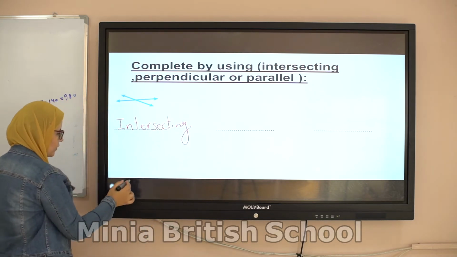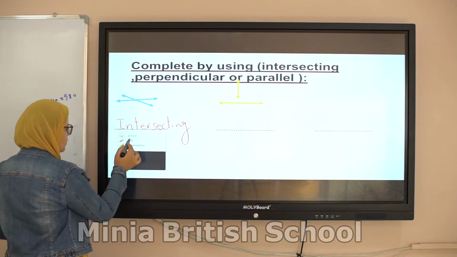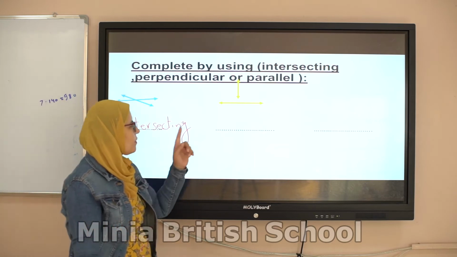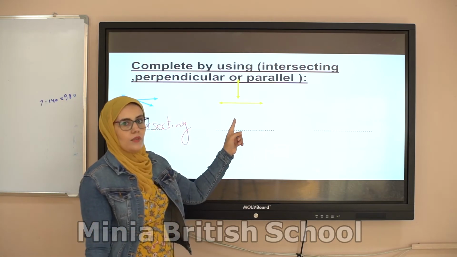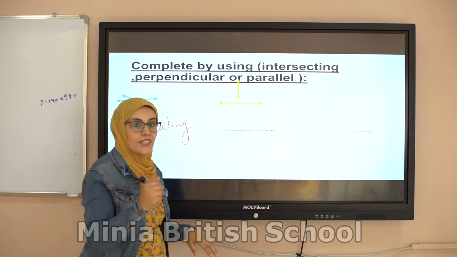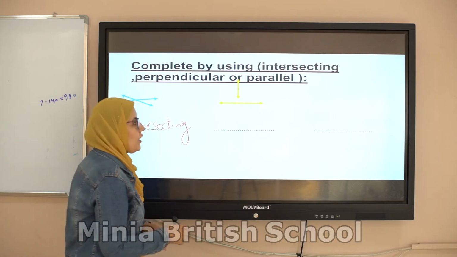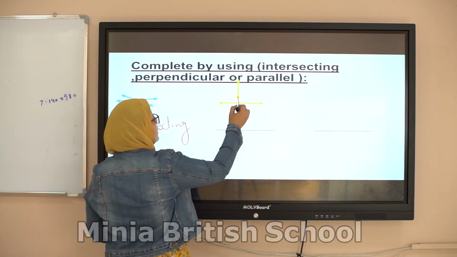This is the first one. What about the second one? If you look here, oh, they don't meet. This is above this. If we see an exercise like this, what will you do? Extend this line.